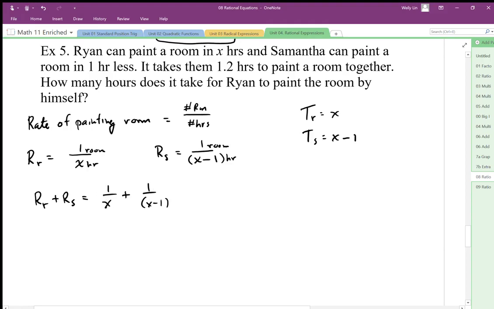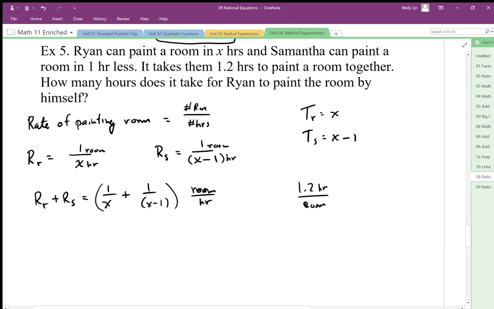Now, we have to remember that this is rooms per hour. We have the information as hours per room. They can paint 1 room in 1.2 hours. So I'm just going to write, my rate is rooms per hour. The information we've been given is 1.2 hours per room. So how do I make these equivalent?